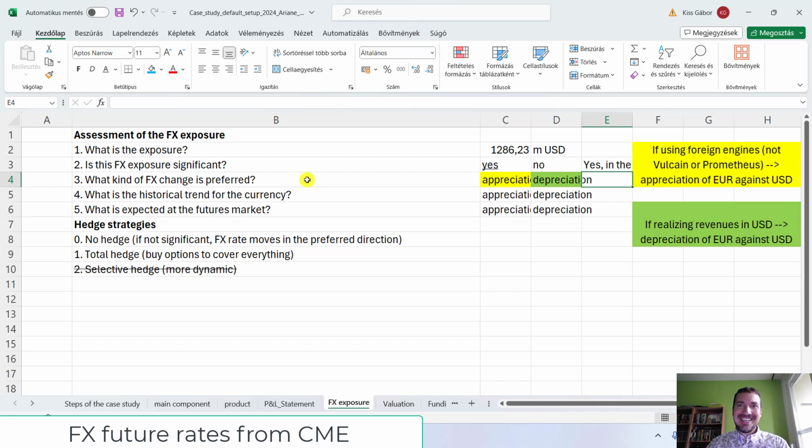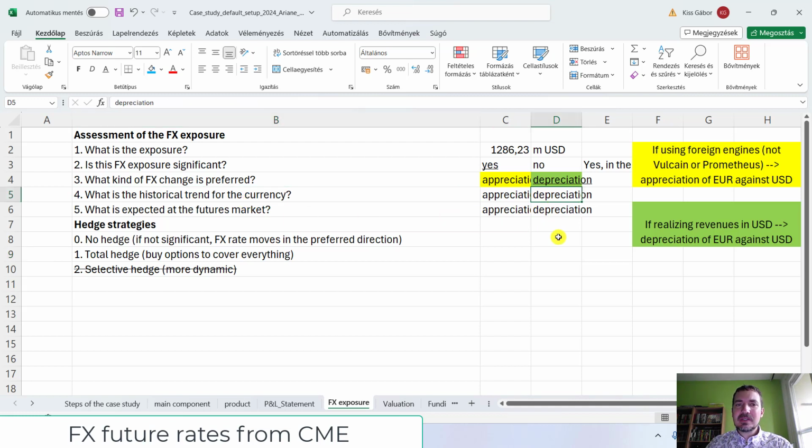So we have to deal with this. Okay, what is preferred? We are preferring appreciation. Sorry, no. Realizing revenues, no, depreciation. So we need more euros for US dollars.